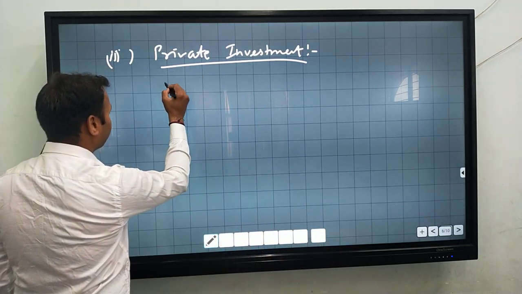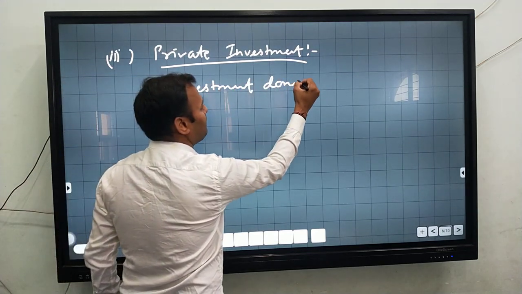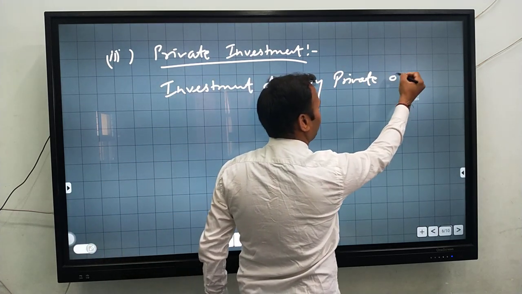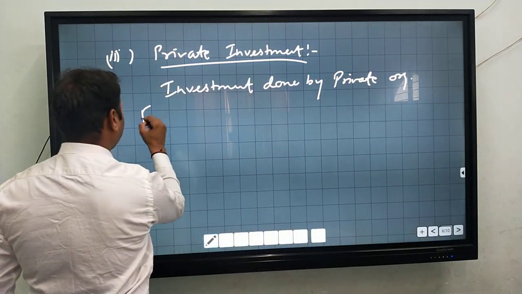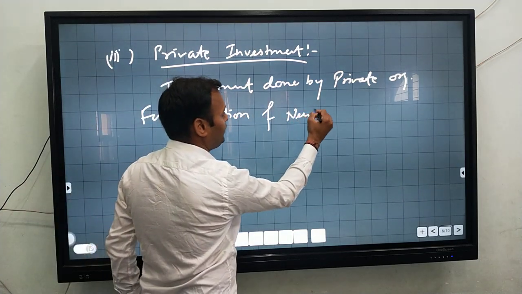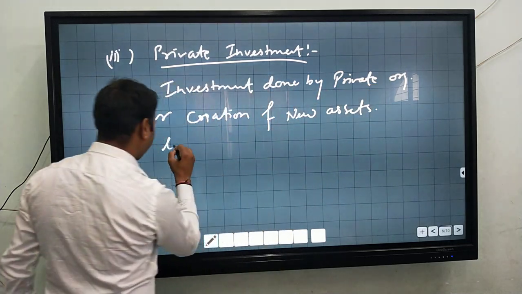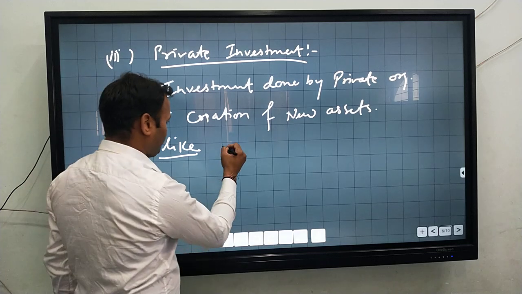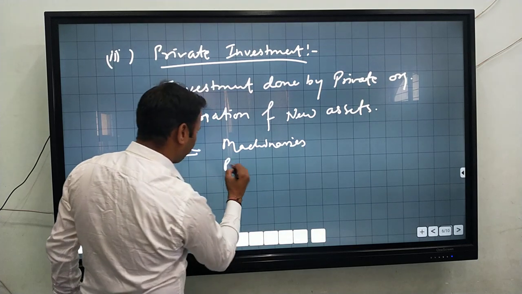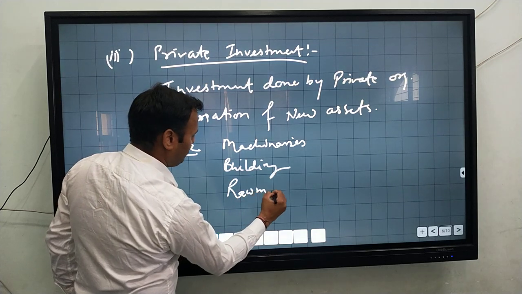Okay, so you can write here investment done by private entities or organizations for creation of new assets, like creation of machinery, building, or you can say the raw material.